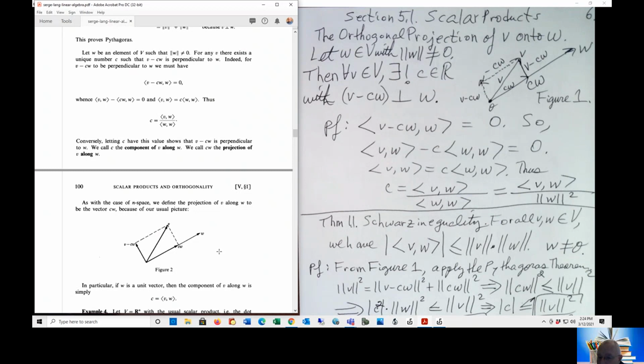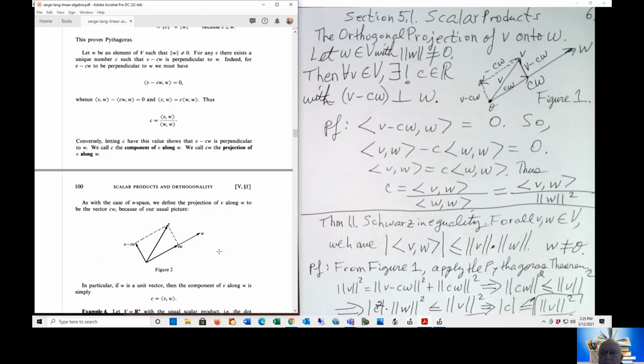Let w be a given vector in V whose norm is not 0. So it's not the 0 vector. Then for any vector v in V, there exists a unique real number scalar c so that v minus cw is perpendicular to w. And so we want to develop a formula for the scalar c here.